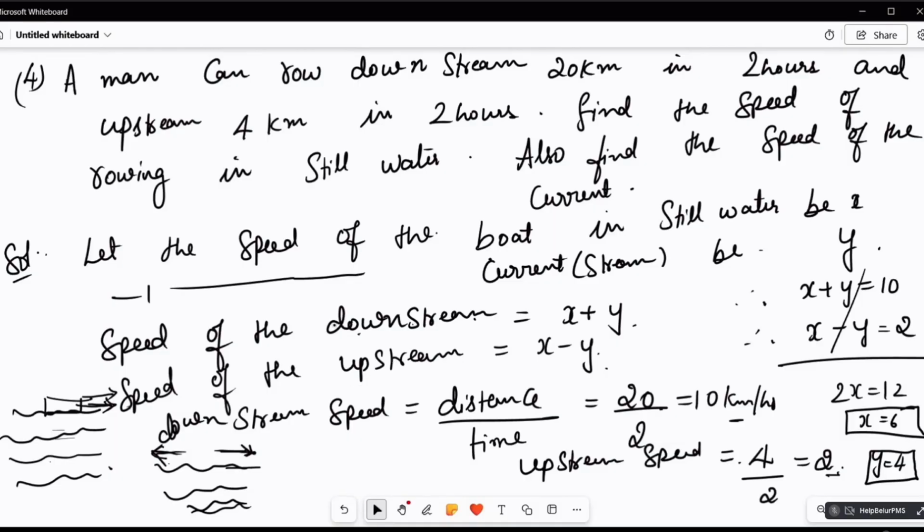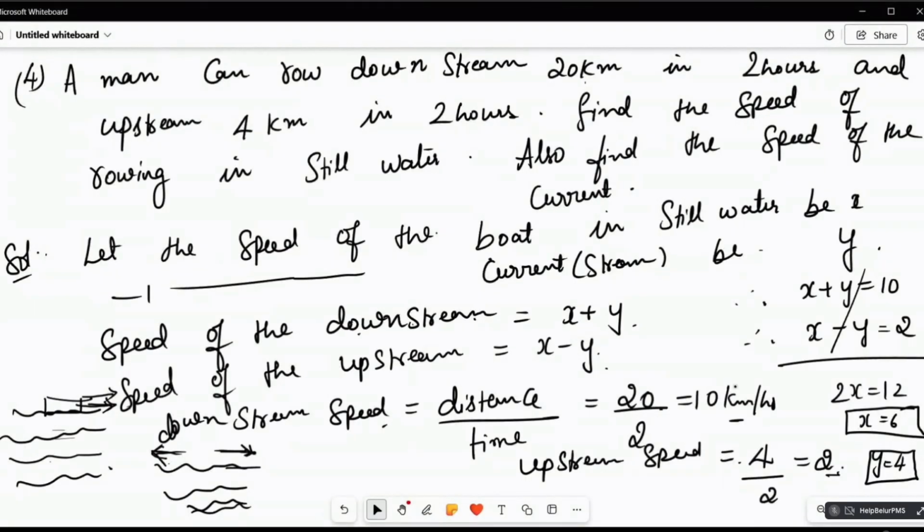Okay. Now a person can row downstream. He is going in the direction of the boat, river. At that time, he can travel 20 kilometers in 2 hours. So what will be his speed in the downstream now? 20 by 2, 10 kilometers per hour.